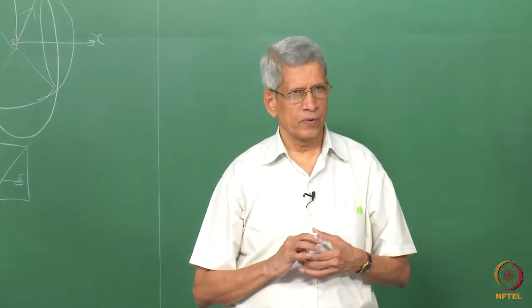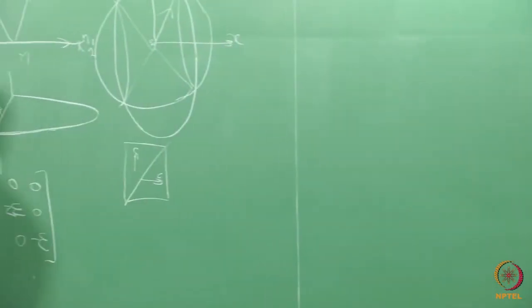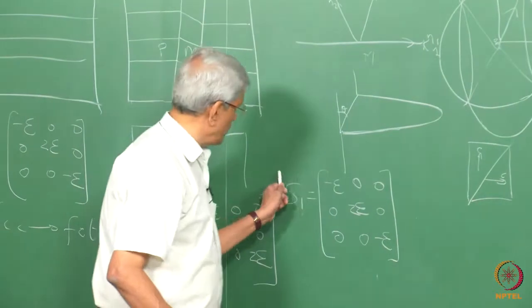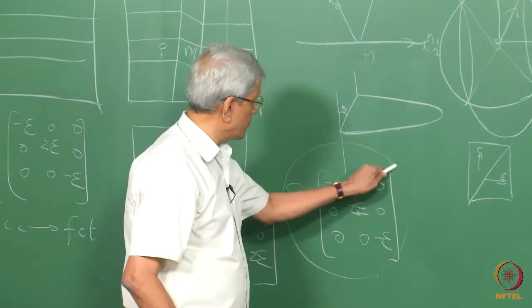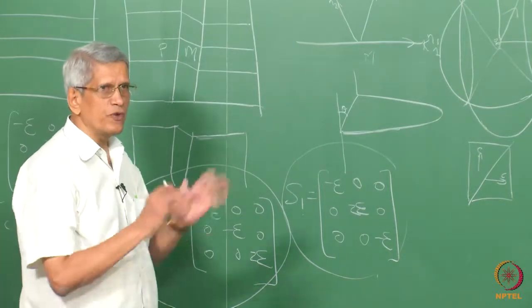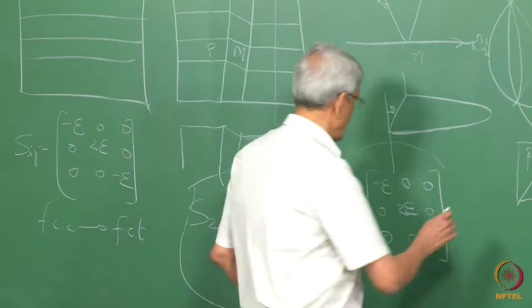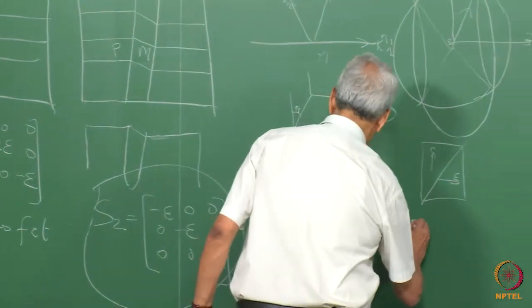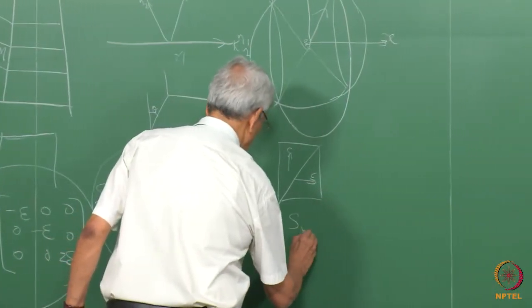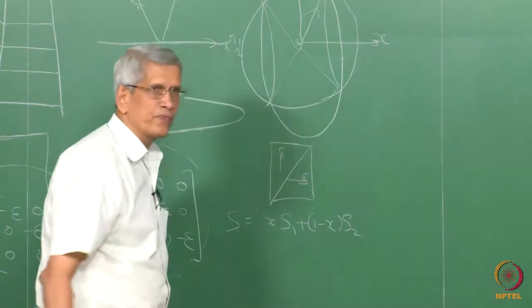This is the strain corresponding to variant 1, and this is the strain corresponding to variant 2. If we take some volume fraction x, the total strain becomes x into S1 plus 1 minus x into S2.